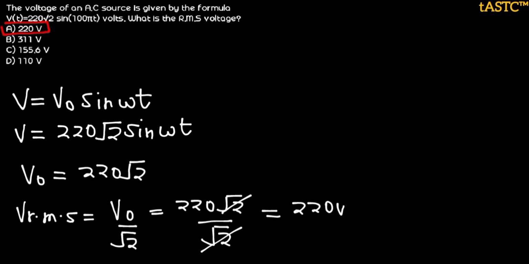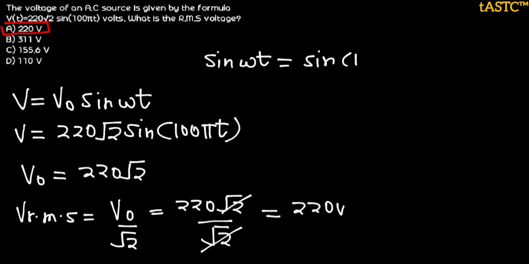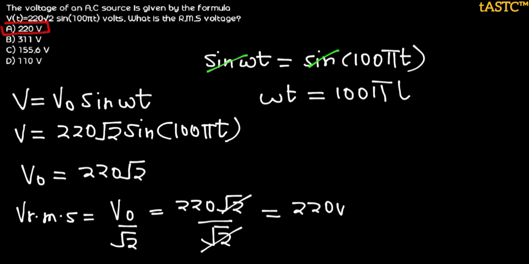Now from here, how can you find what is omega? This was 100 pi t. So as you can see, we got sine omega t, and that is equal to sine 100 pi t. So as we take these ones out, we're going to be left with omega t equal to 100 pi t.